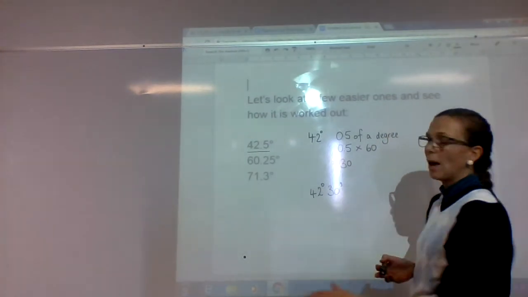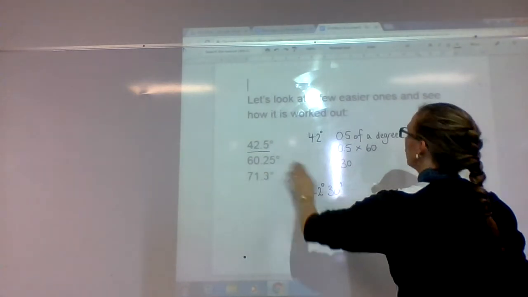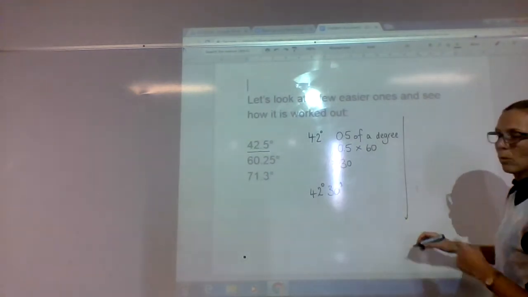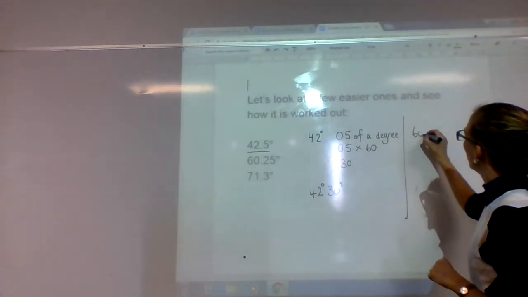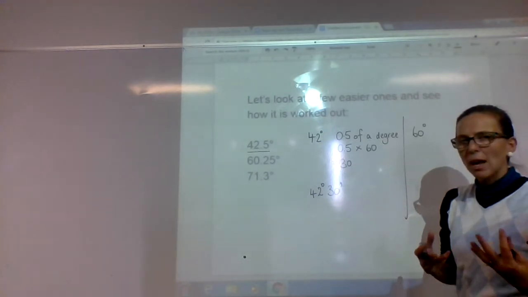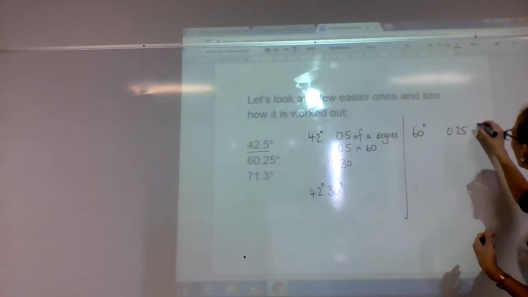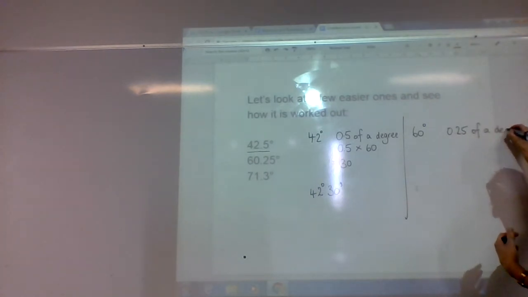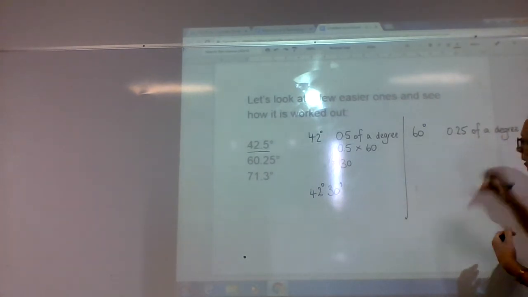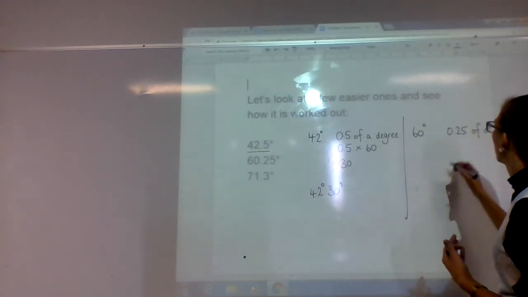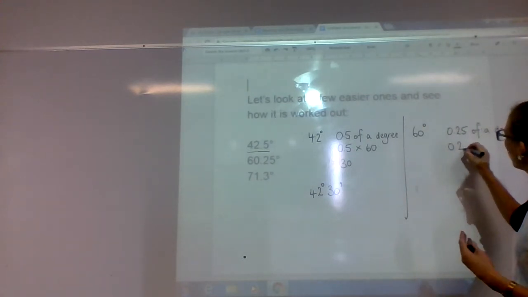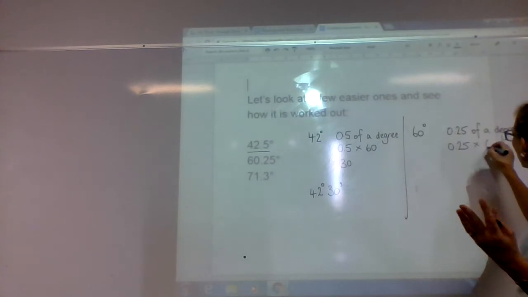All right, let's look at 60.25 degrees. Well, that starts with 60 degrees, and then we have left over 0.25 of a degree. So 0.25, a quarter of 60.